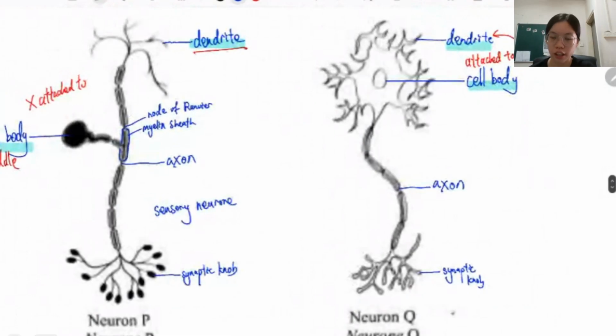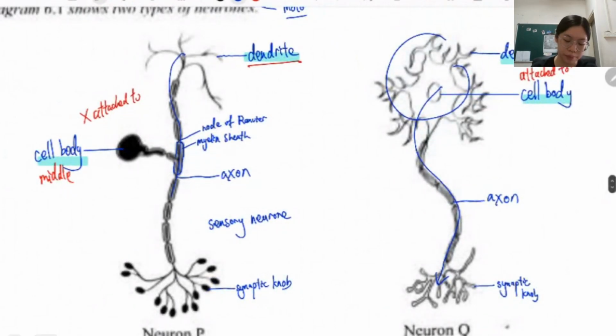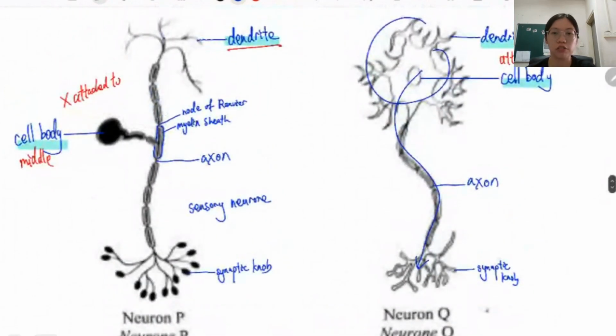When they transmit until here, it is normally the muscle cell, the effector cell, like muscle tissue. So the muscle tissue will produce the response. It is from here and then transmits to here. This one is also the same thing, just that it will be connected to the relay neuron. So how does the relay neuron look? It looks way different.